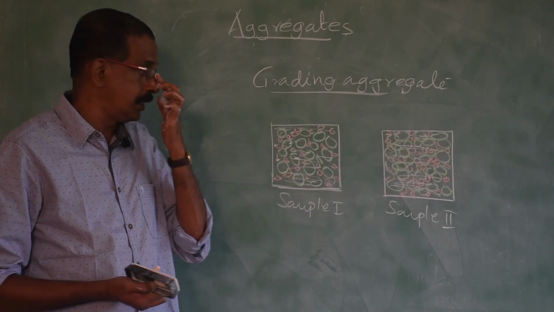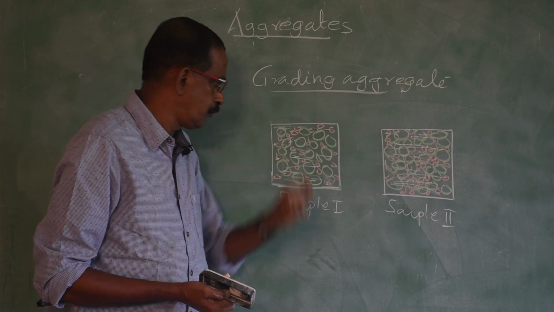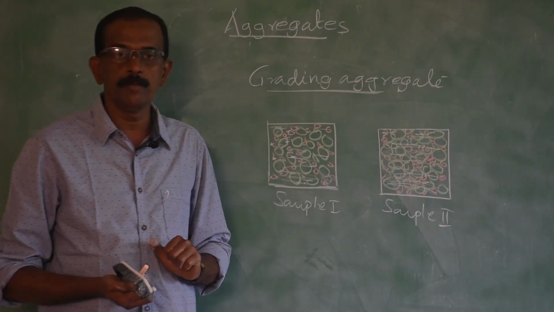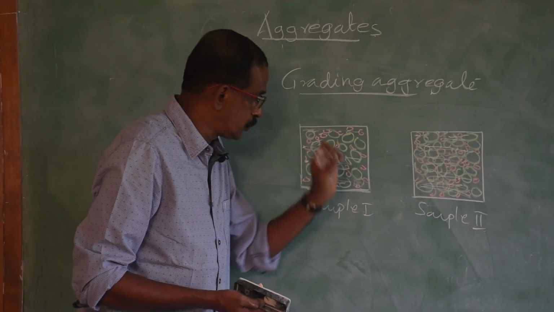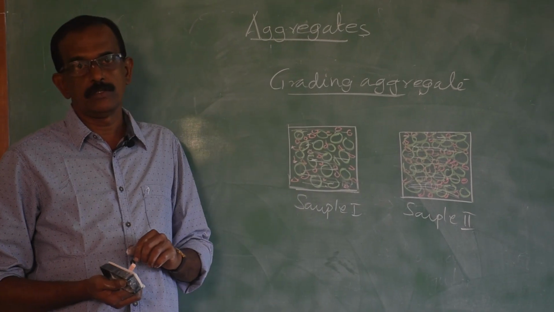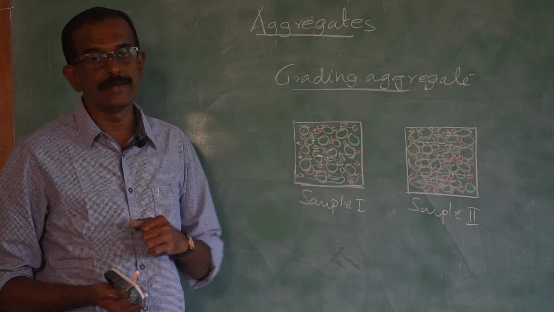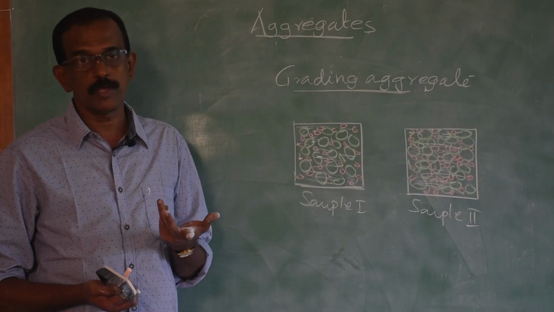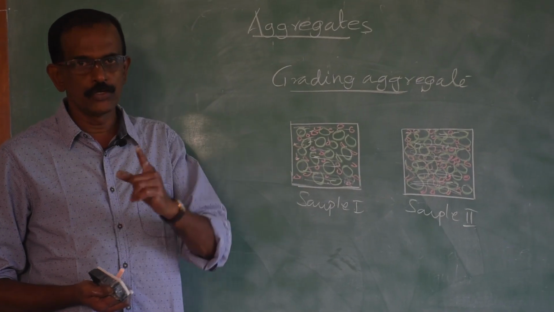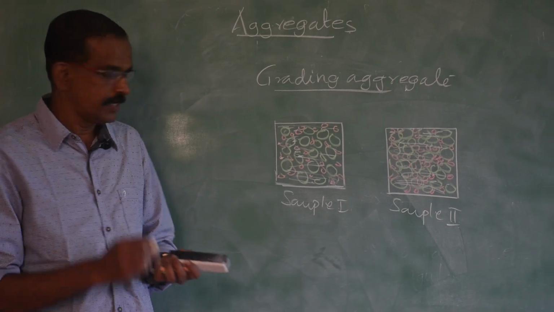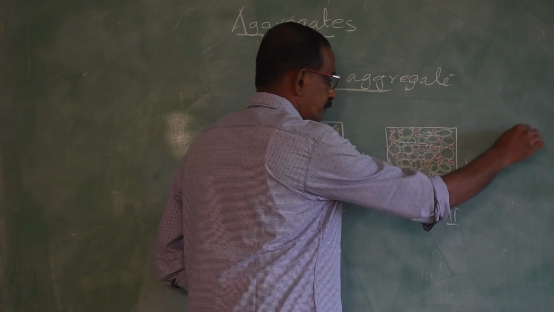The first condition is that the cost of making the concrete should be minimum and the concrete should give maximum strength. So, what is your option? There comes the definition for grading. What is your option, sample 1 or sample 2? You have to go, always you have to go for sample 2. Why?